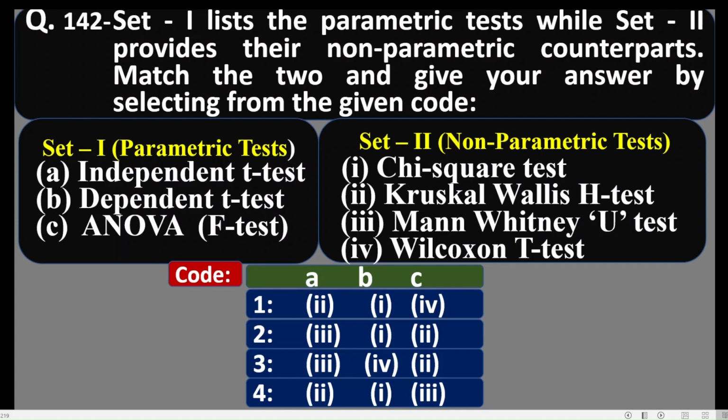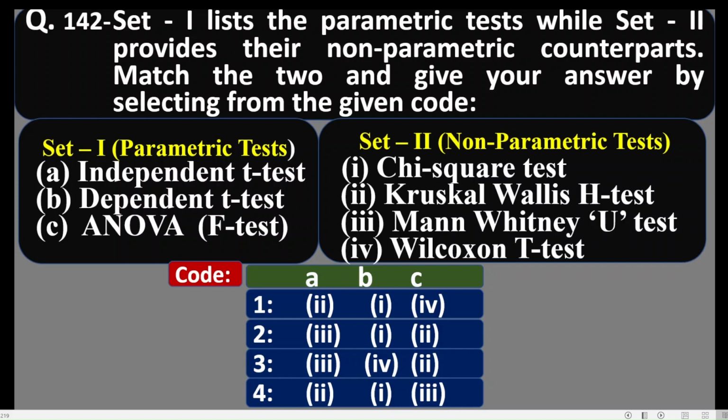Let us see. The first test in set 1 is the independent t-test. If it cannot be used in any case, then we have to use a non-parametric test. So in place of the independent t-test, we have to use the Mann-Whitney U-test, that is written in number 3 in set 2. The second test given in set 1 is the dependent t-test. If it cannot be used, the best non-parametric option for the dependent t-test is the Wilcoxon t-test, that is written in number 4 in set 2.